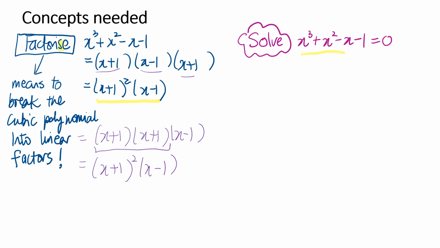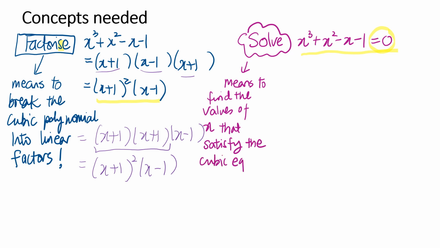An equation is where you have something equals to something. To solve the equation means we are asked to find the values of x that satisfy the cubic equation. To do that, we have to first factorize it to get the linear factors.